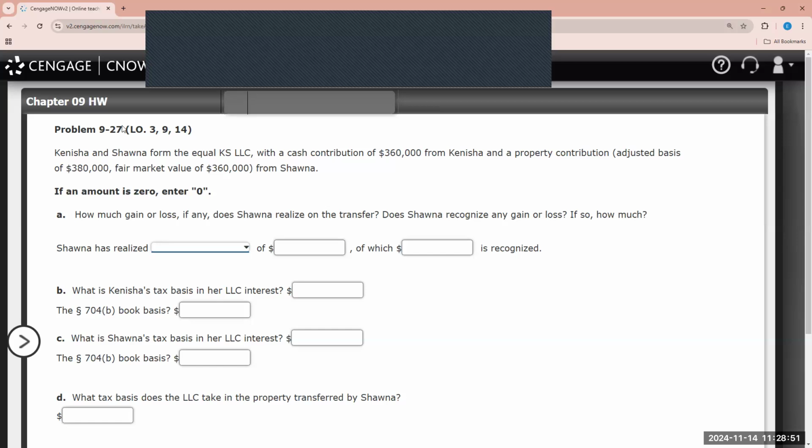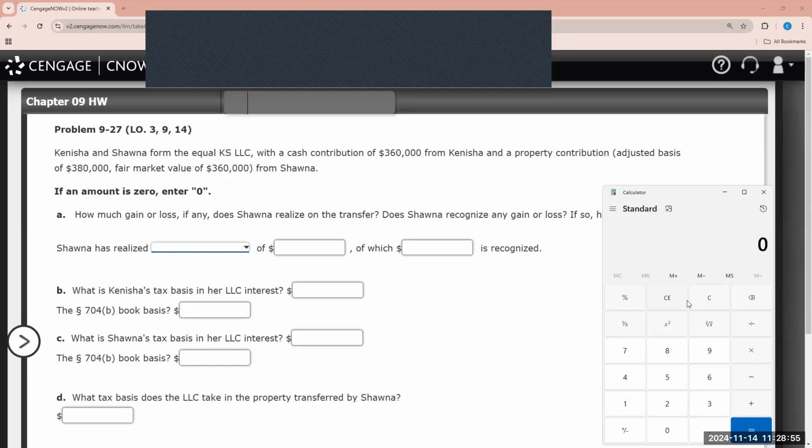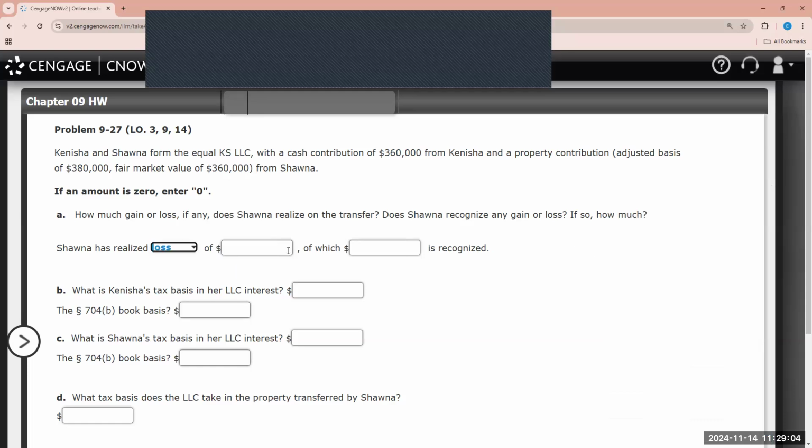So let's see here. There's an adjusted basis of $380,000, and the fair market value is $360,000. So based on that, Shauna has a realized loss of $20,000. And in this case, none of it is going to be recognized.